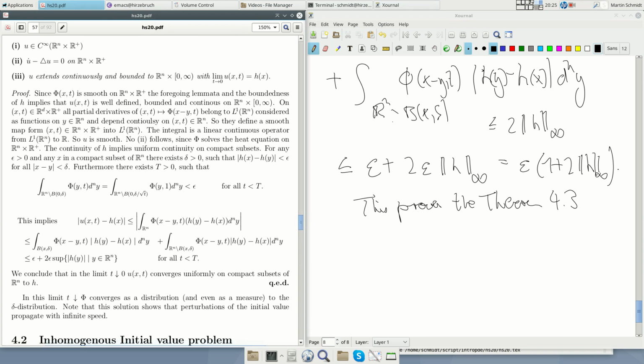So we have now constructed a solution of the initial value problem.